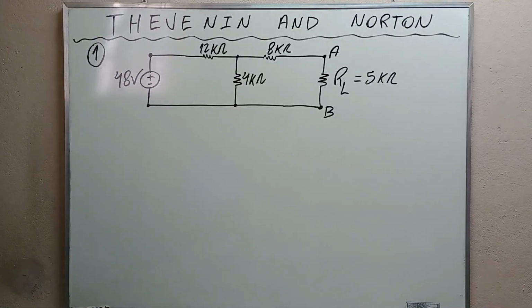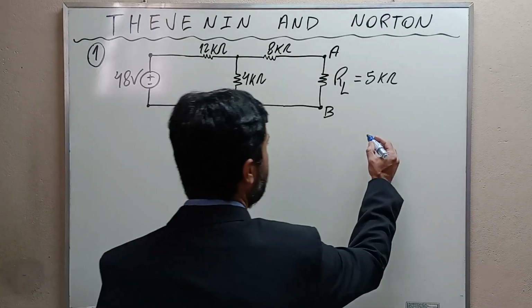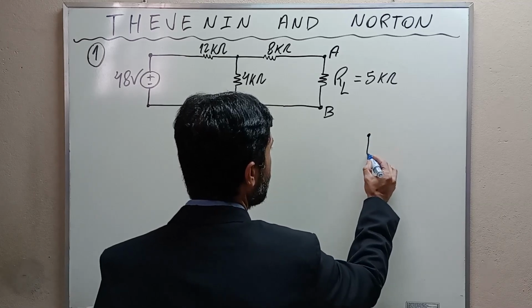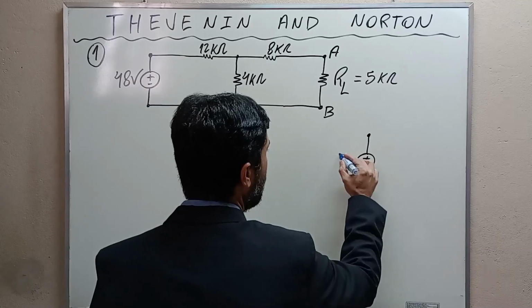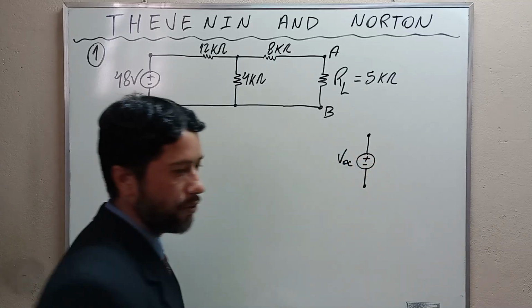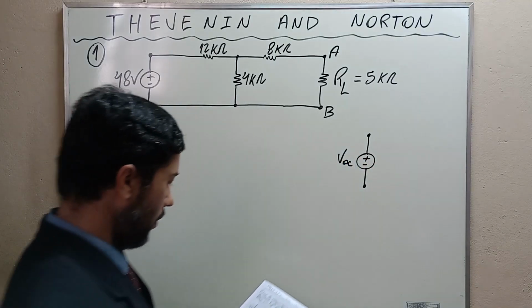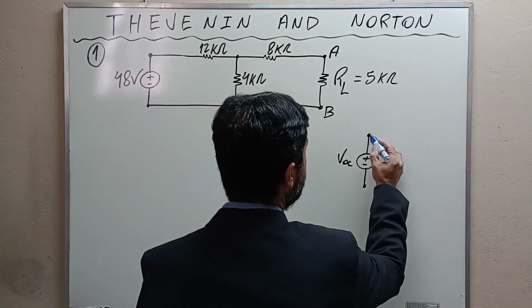Let's go to the solution, and to determine the Thevenin equivalent circuit, we must find the open circuit voltage and the equivalent resistance. Remember that the Thevenin equivalent circuit is the open circuit voltage with a resistance.